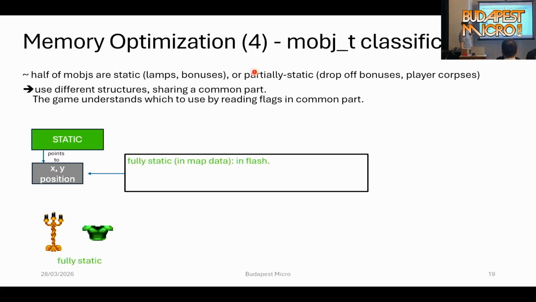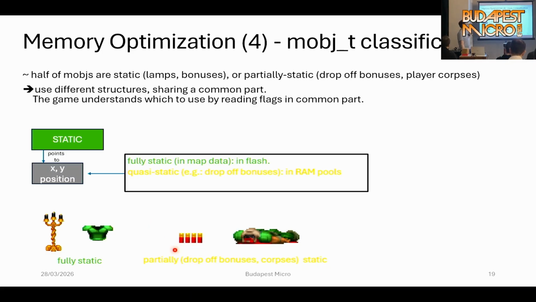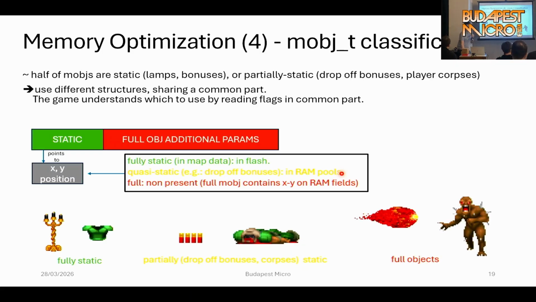So we have the static part, which also points to the XY position, which will be in flash for a fully static object like this candlelight or this bonus. Or these will be in a memory pool in RAM if they are quasi-static, like I said, the partially static objects such as drop-off bonuses or corpses. And there will be the additional full object parameters, which will have the entire structure.